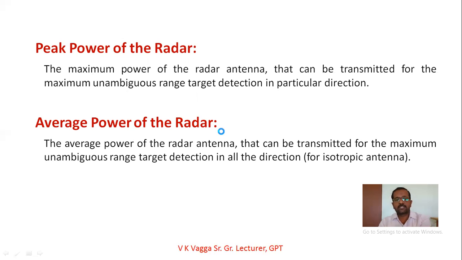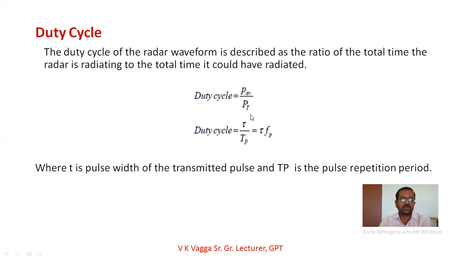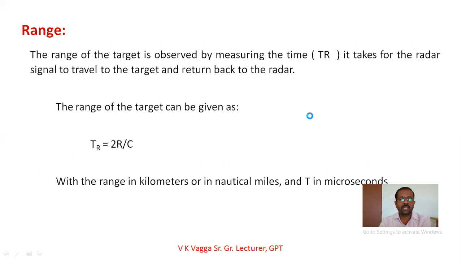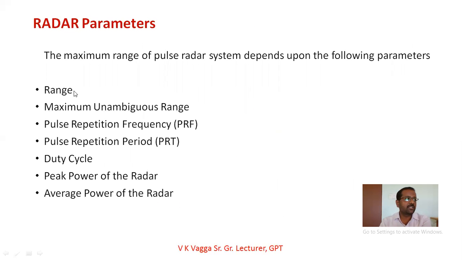This is all about the parameters of the radar. The range is how much time it takes to receive the echo signal, and the maximum unambiguous range applies if it receives the echo signal after the transmission of the second pulse. The pulse repetition frequency is the rate, measured in hertz.